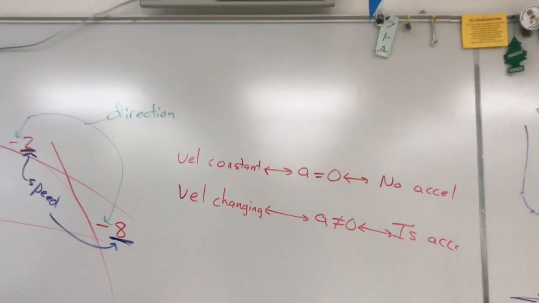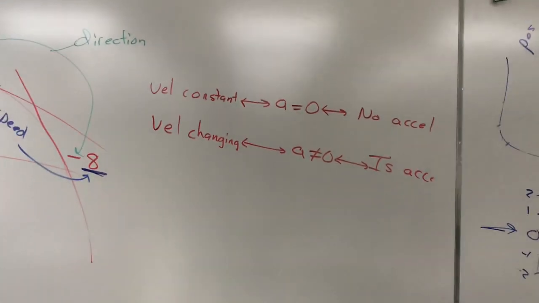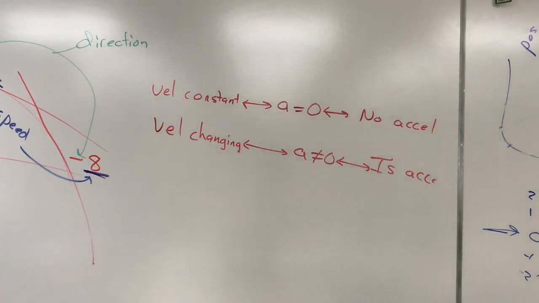When we talk about velocity being constant or changing, this might be something you want to jot down. If your velocity is constant, we could say our acceleration is 0. If your acceleration is 0, there is no acceleration, or it is not accelerating.